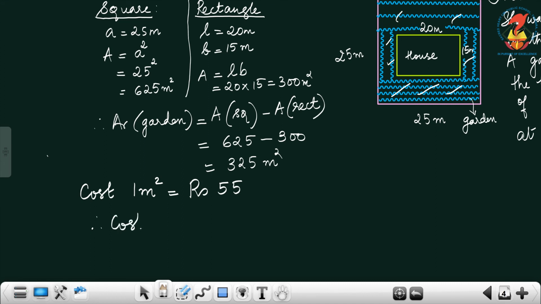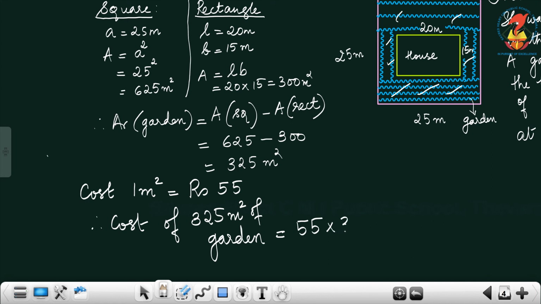Therefore, cost of 325 meter square of garden equals 55 into 325.